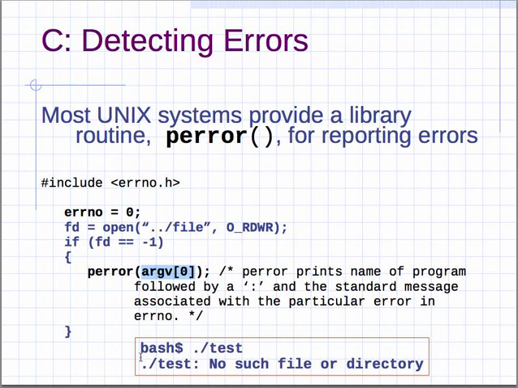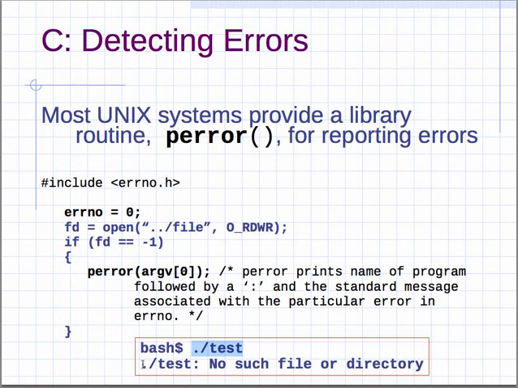So how does this work? Let's say we try to run this program, and the program is called test, and we run it using ./test. This is what's going to be passed in as argv to this main function. Let's assume this is in a main function. So argv sub 0 would have ./test.